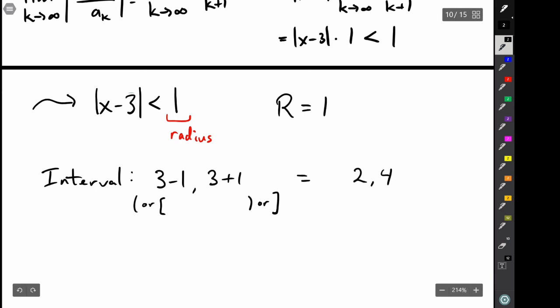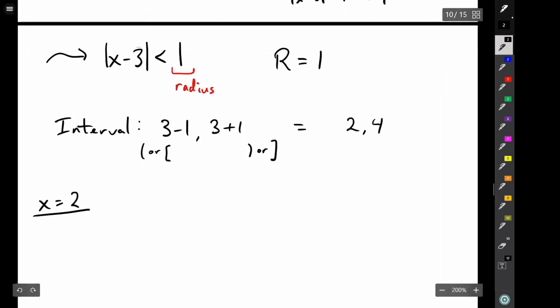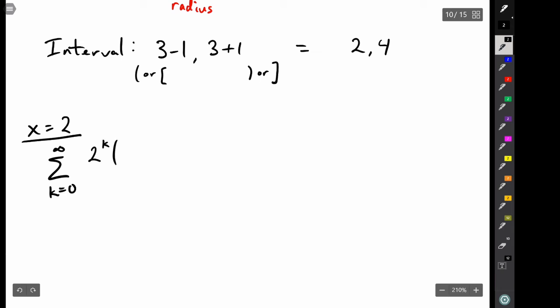And then we need to test at these endpoints, does the series converge there or does it diverge there? So for x equals 2, we need to test both of these endpoints. So we take these values and plug them into the series. Plugging in x equals 2, we get the series from k equals 0 to infinity of 2 to the k times 2 minus 3 to the k over k.